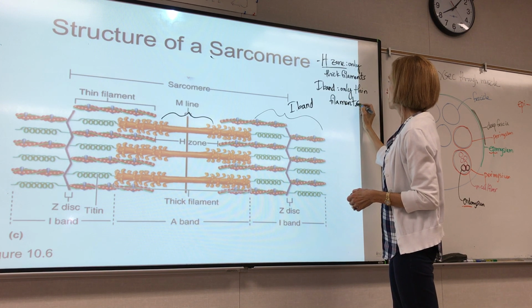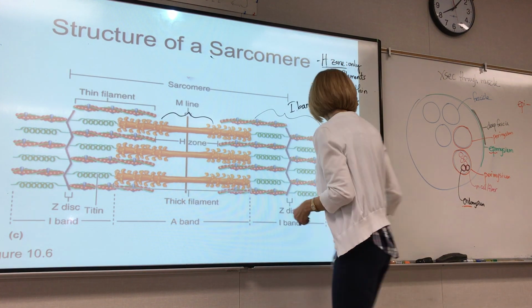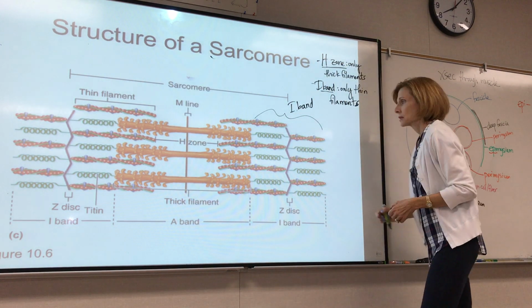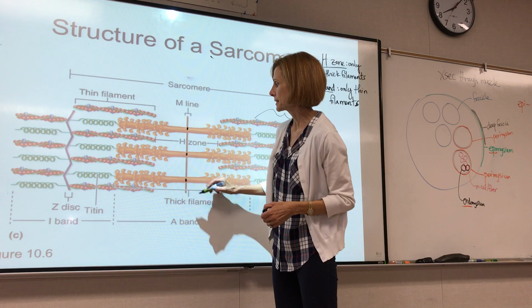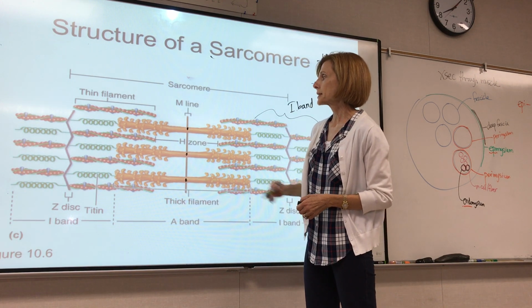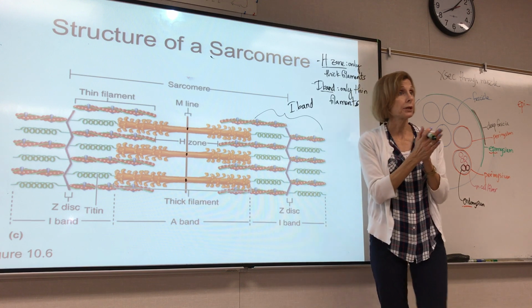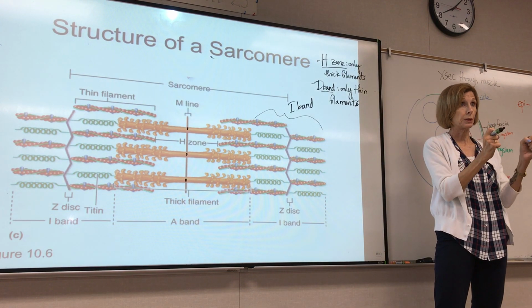Right in the middle of the thick filament is kind of a thickening. You can't really see it here, but it would be right in the very center of the thick filament. This is called the M line. The M line is where the thick filaments are attached to structural proteins that hold them in place.